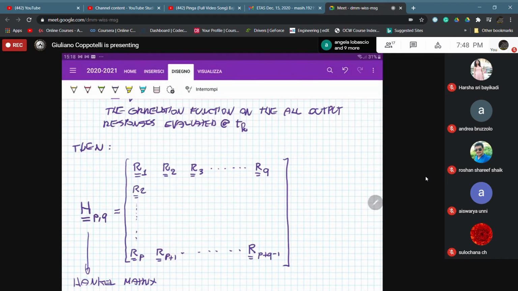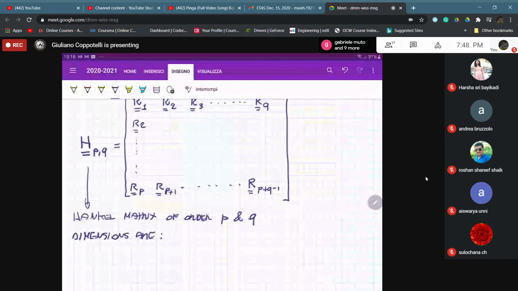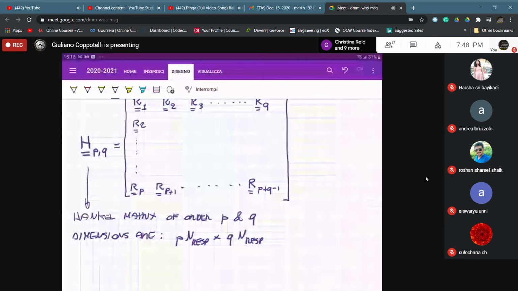So we built the Hankel matrix of order p and q. Dimensions are, of course, p times the number of responses as number of rows, times q times the number of responses as number of columns.